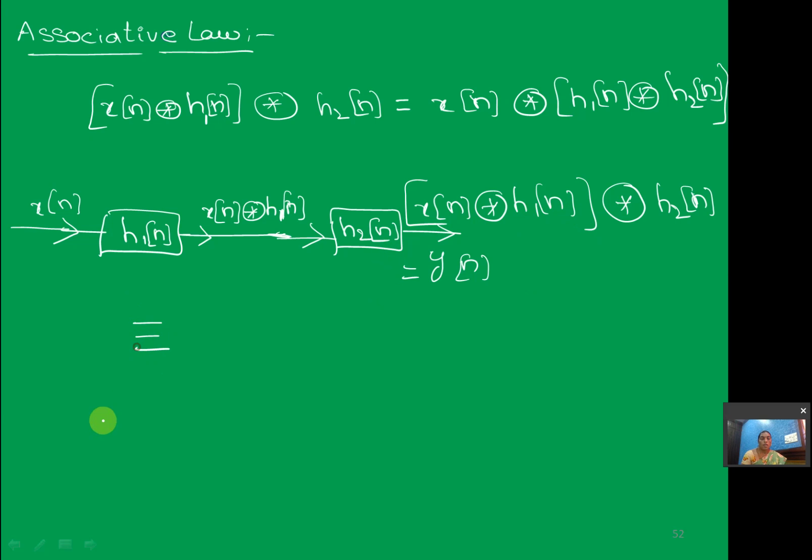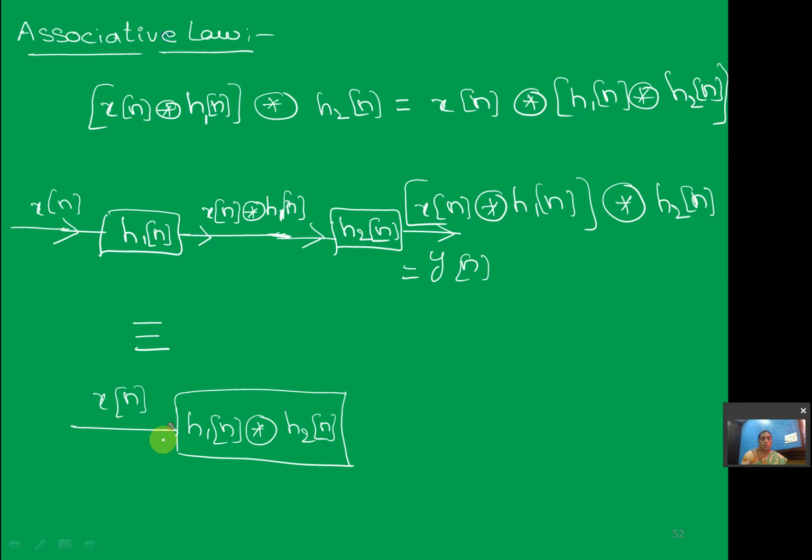In another way, from the associative formula, consider all the systems' impulse responses. Find the convolution between all these system responses, h1(n) convolved with h2(n) convolved with h3(n) and so on. Now just apply the input to the system.